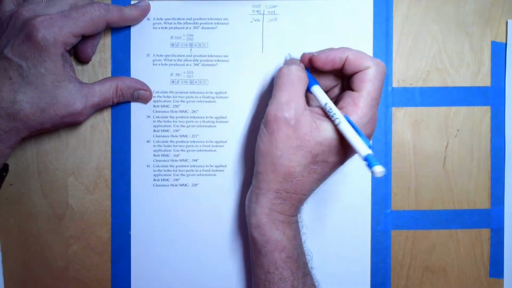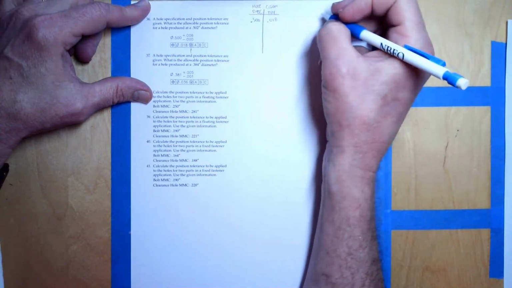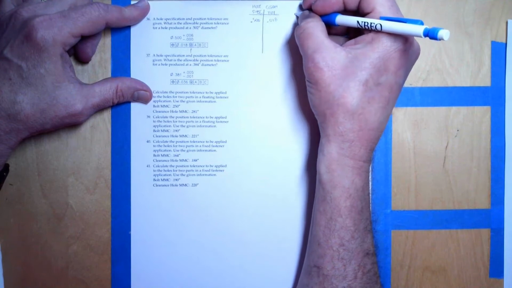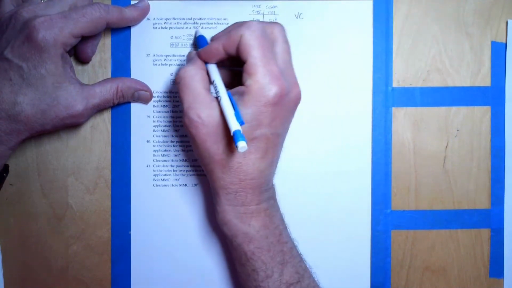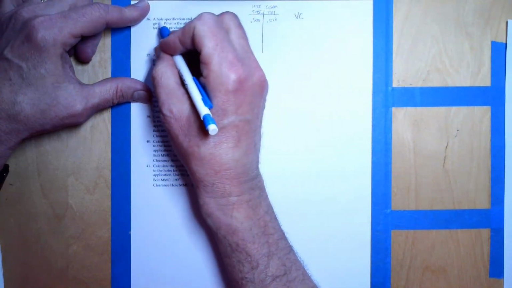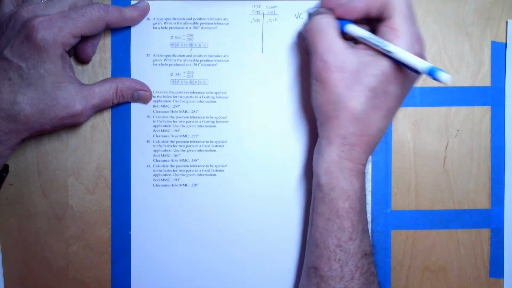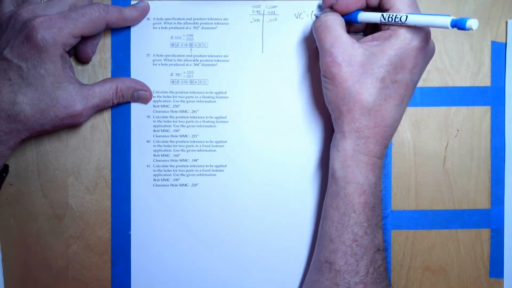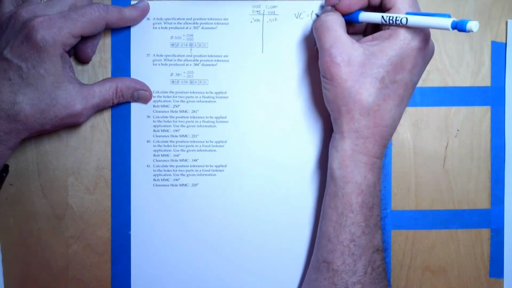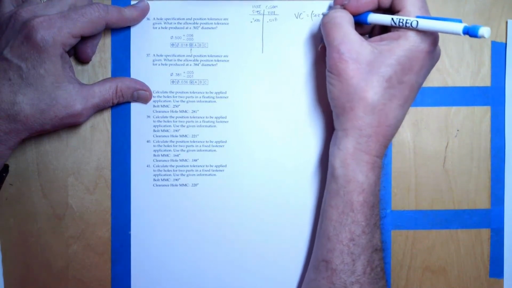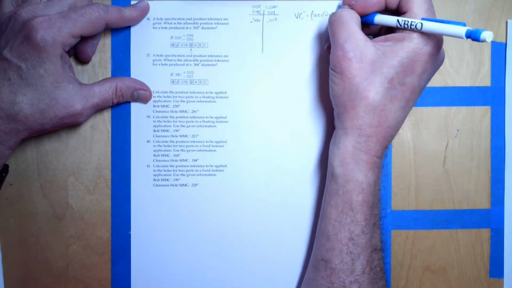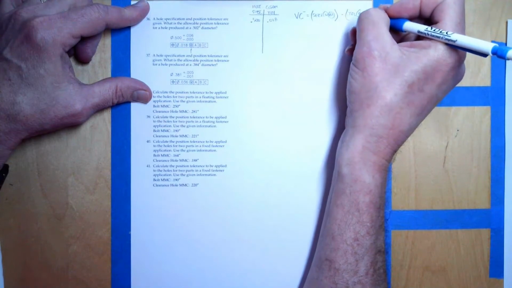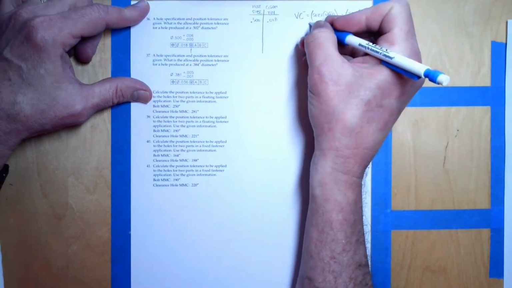It says, for a hole produced at MMC, this is the tolerance, right? MMC tolerance. Now, remember that there is a virtual condition equation that gives us the virtual condition for this situation. This is a hole, so we're talking about a negative feature. So the virtual condition for a negative feature is equal to the size at MMC minus the tolerance at MMC, right?